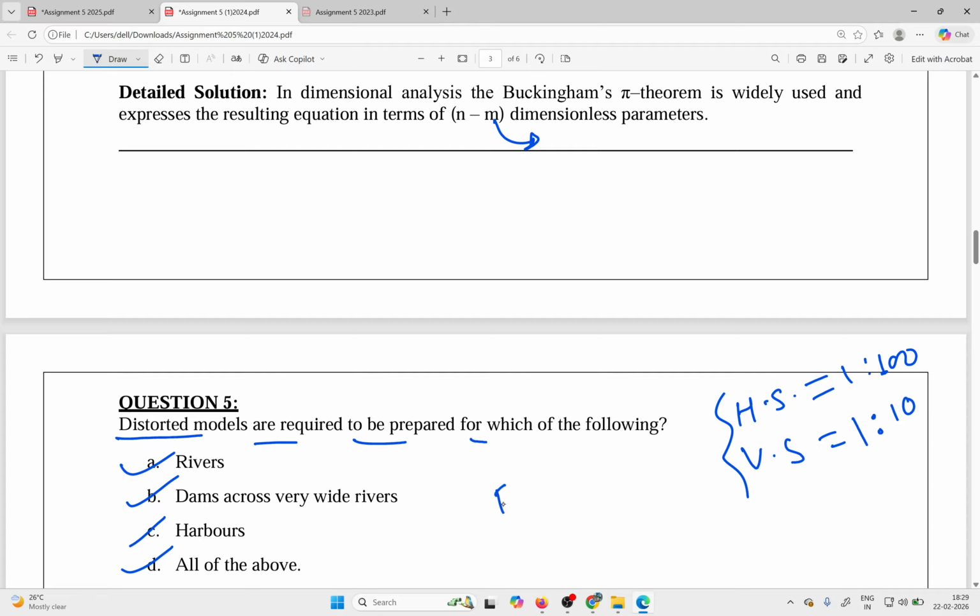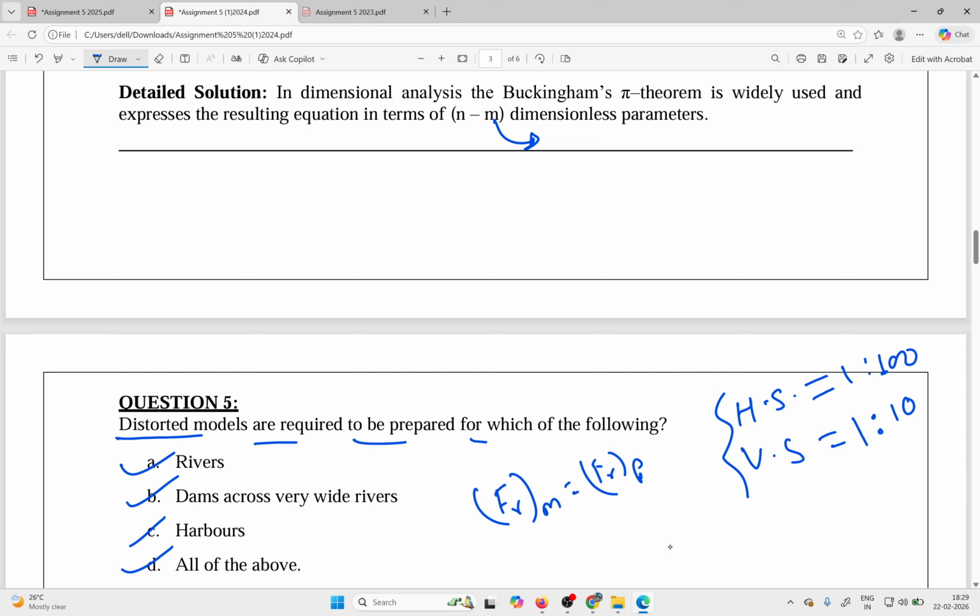If your model and prototype flow number is similar and you have used these things, that is horizontal scale 1 is to 100 and vertical scale 1 is to 10, your model is a distorted model.